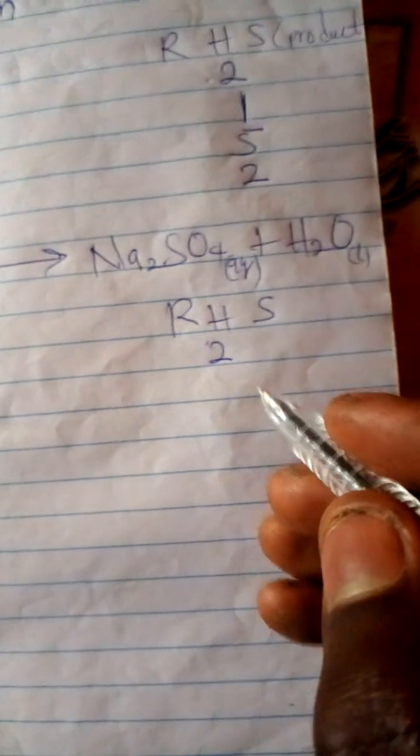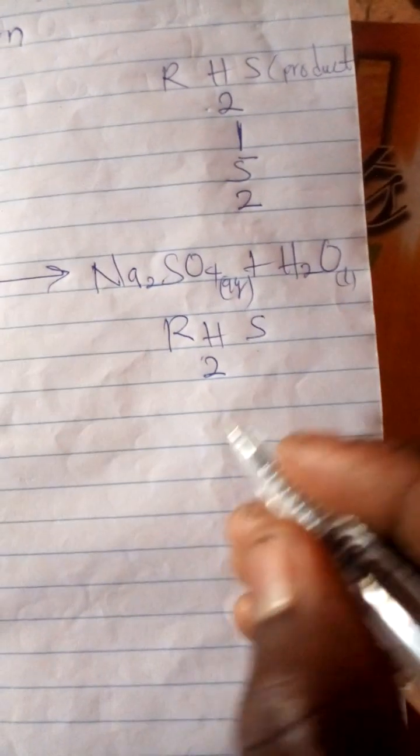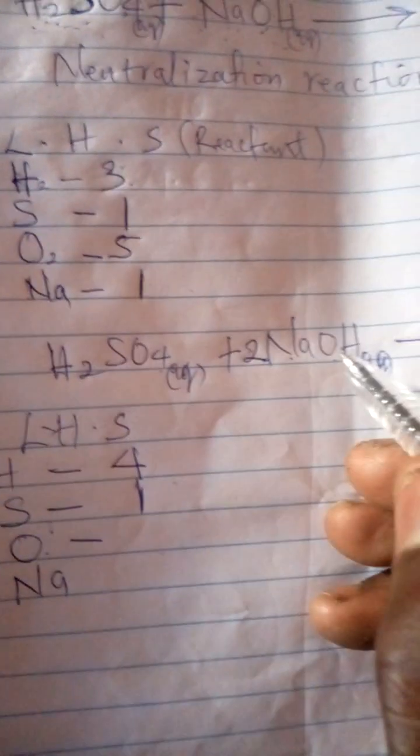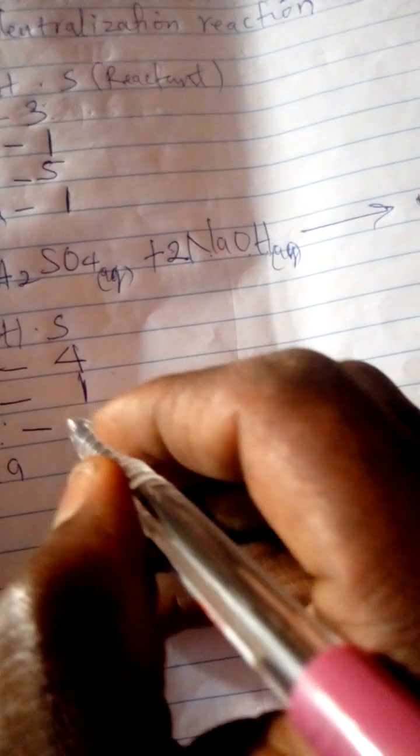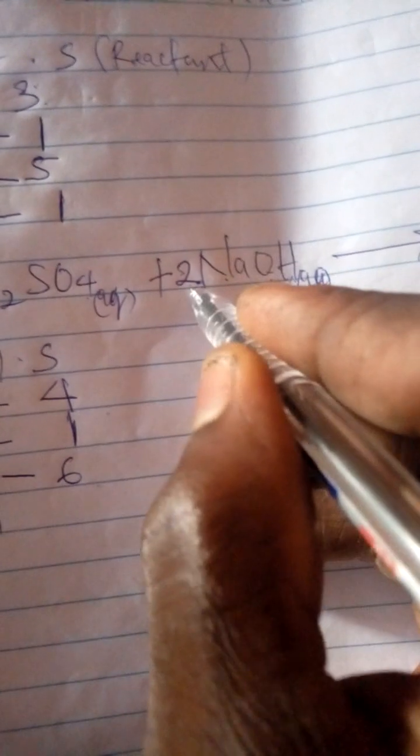Go to the sulfur in your right hand side, it is still 1. Now look at oxygen. Oxygen here is how many? This is 4 plus 2, making it how many? 6. This is 4 plus this is oxygen. These two also affect this, making it 2.